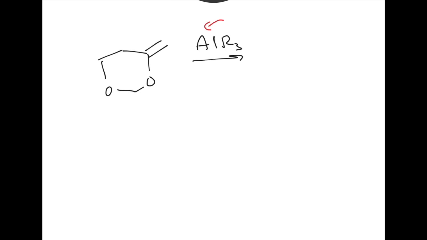We're not going to draw out the whole molecule, so we'll draw the abridged version. So they have that, and they add aluminum with 2 methyls and a chlorine, but just about any aluminum will work.